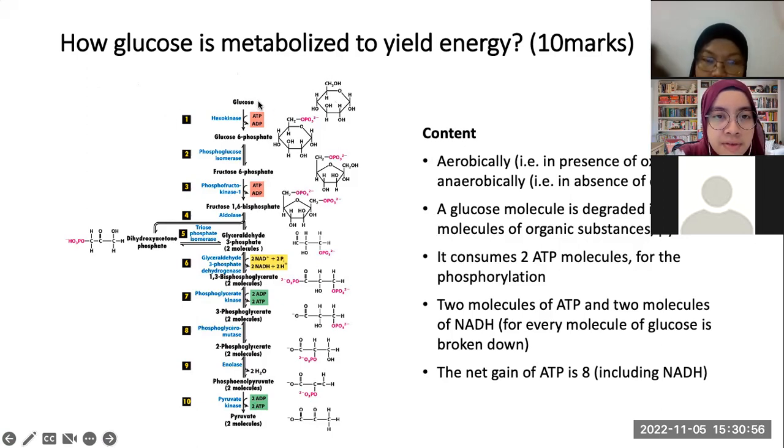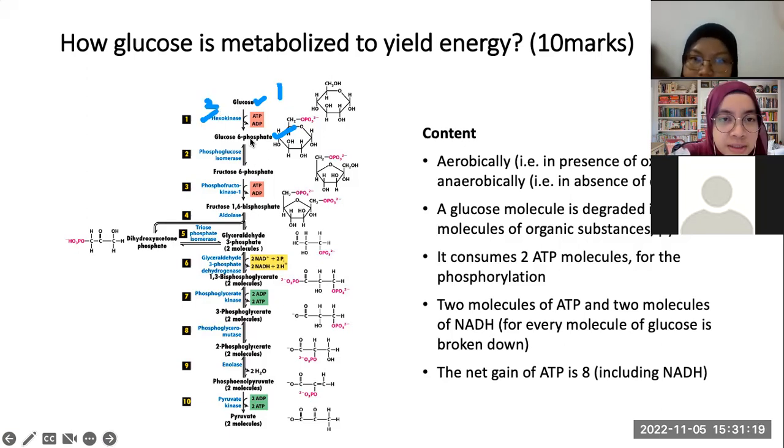So for example, if you write in sentences, glucose to glucose 6-phosphate. The first sentence is the conversion of glucose to glucose 6-phosphate, that is 1 mark. And then you mention the enzyme is hexokinase, 2nd mark. So this is 1 mark, this is 2nd mark.